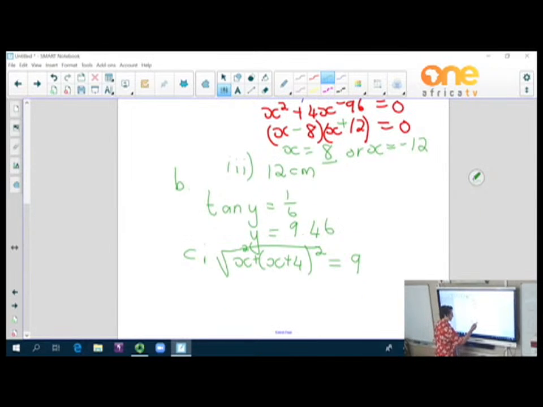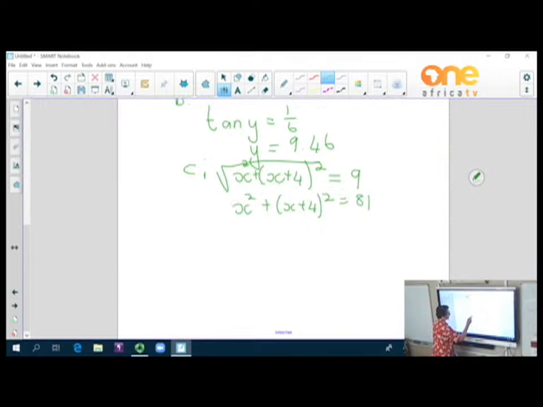To get rid of this square root, I'm going to square. So then you still have x squared plus x plus 4 squared is equal to 81. Now I'm going to solve it here. Remember, this means x plus 4 times x plus 4.